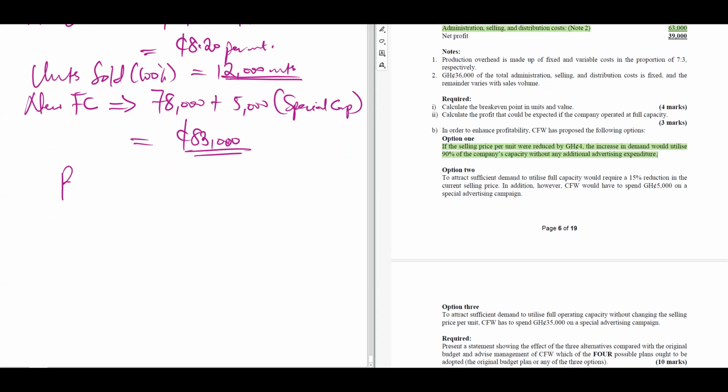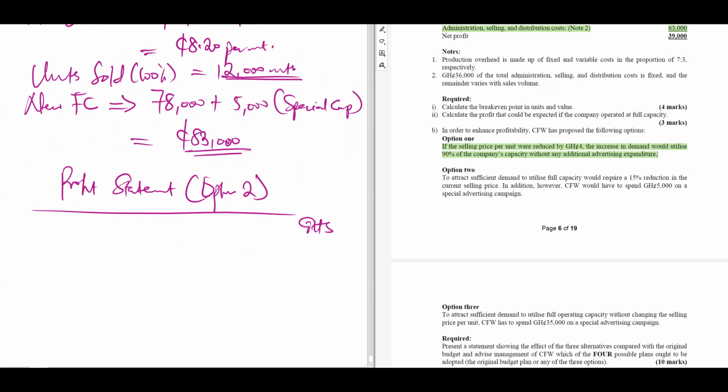So what's our profit statement or operating statement for option 2? What's our total contribution? Some people like starting with selling price, but it's a waste of time. Since you have the detail, just start with your contribution. So our contribution per unit is now 8 cedis, 20 pesos, and we're producing 12,000 units.